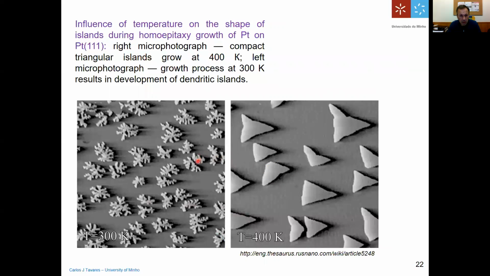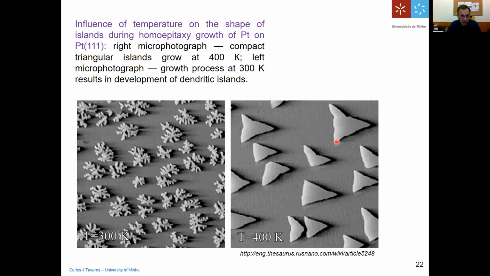And you see that there is a difference in the nucleation of these crystals here. So here you have a more dendritic and chaotic type of growth of these crystals, and here you have more regular triangular shaped crystals. And what is the difference?